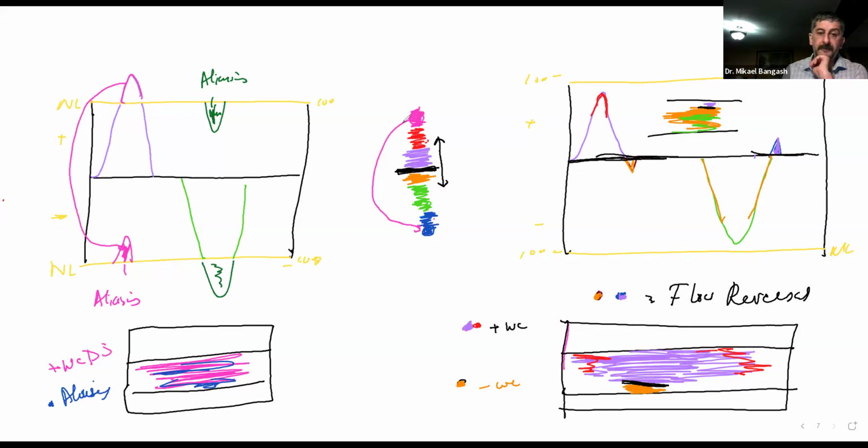So what does this fellow here become? This is radiation, and this one here is just flow reversal. Did you guys get that?